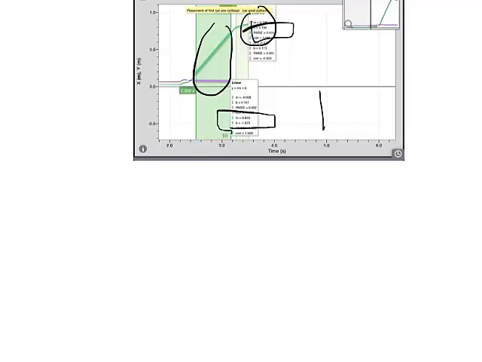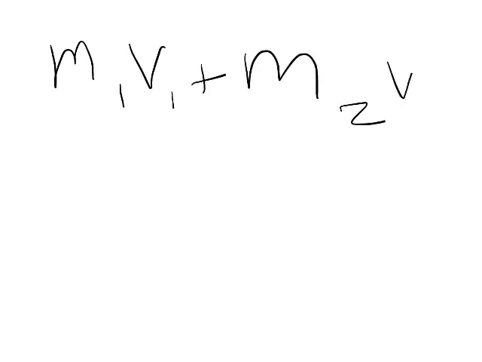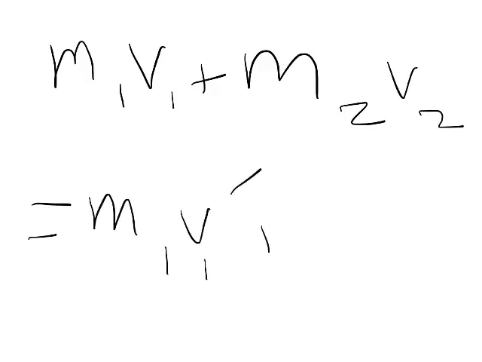Now we wanted to see if the conservation of momentum worked in our collision, so we decided to do out the math. So we have m1 v1 plus m2 v2 equals m1 v1 prime plus m2 v2 prime.